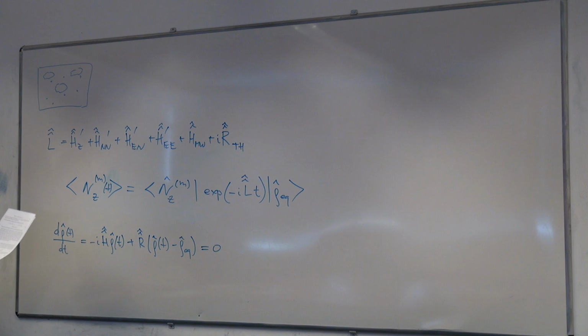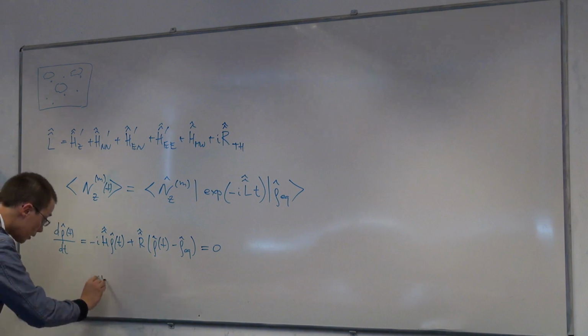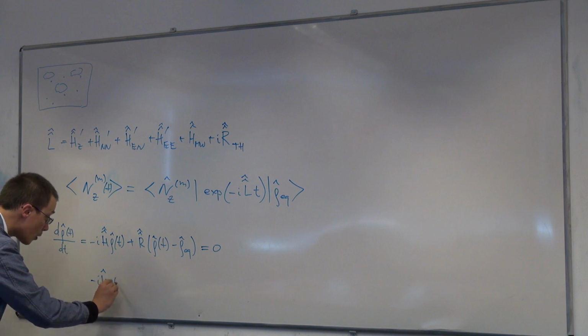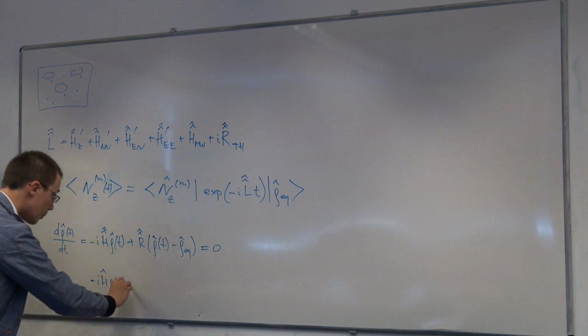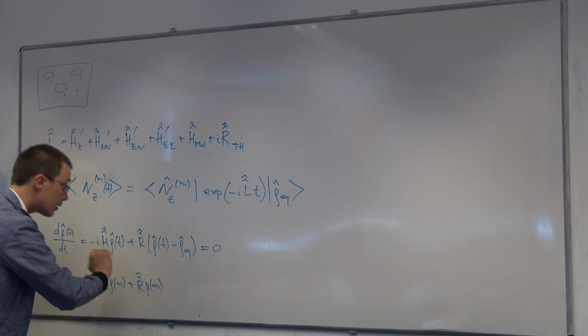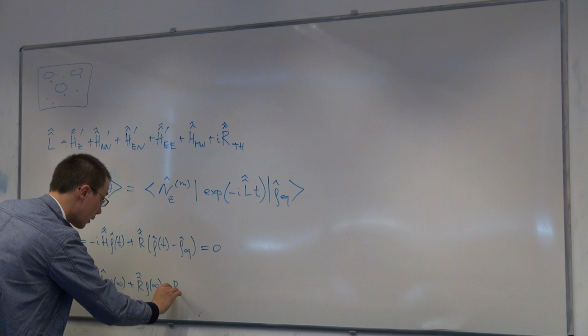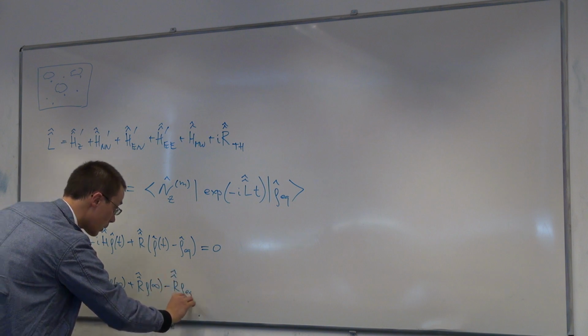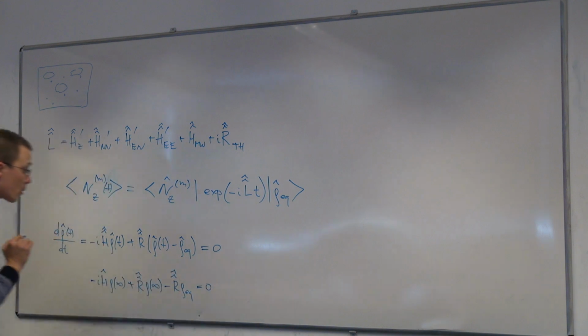And this we can actually solve for rho infinity. So minus i H rho infinity plus R rho infinity minus R rho equilibrium equals 0.